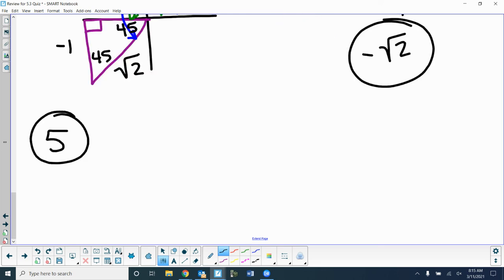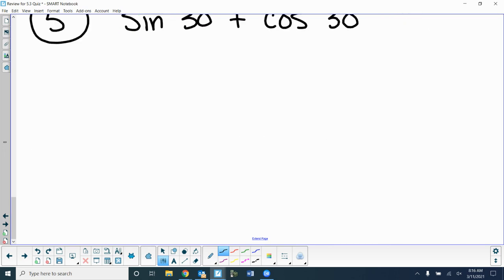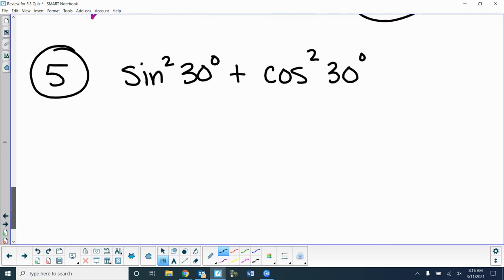Last one. Sine squared of 30 degrees plus cosine squared of 30. Okay? So I need 30 degrees, which is in the first quadrant.